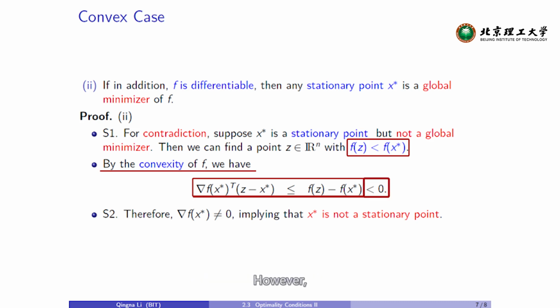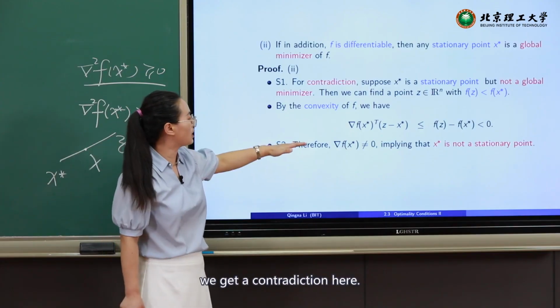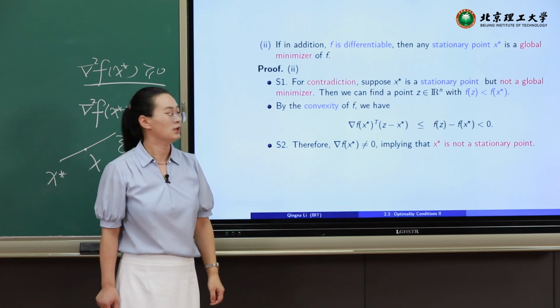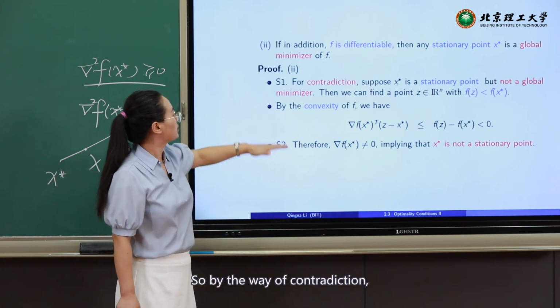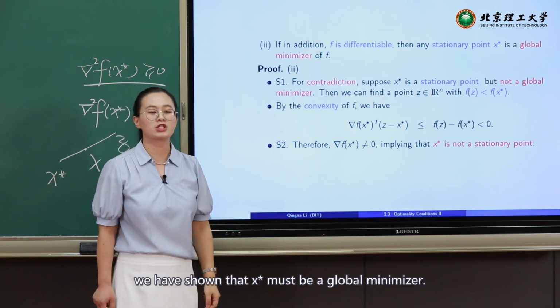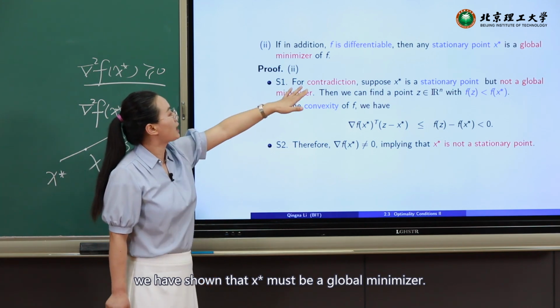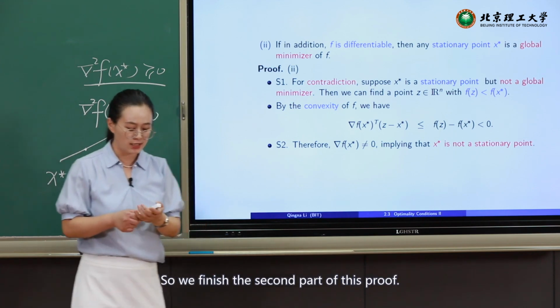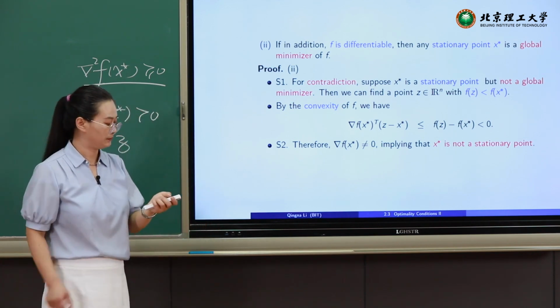However, since x star is a stationary point here, this must be 0. In this way, we get a contradiction. So by contradiction, we have shown that x star must be a global minimizer. So we finished the second part of this proof.